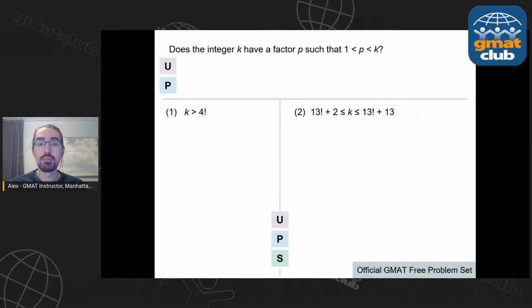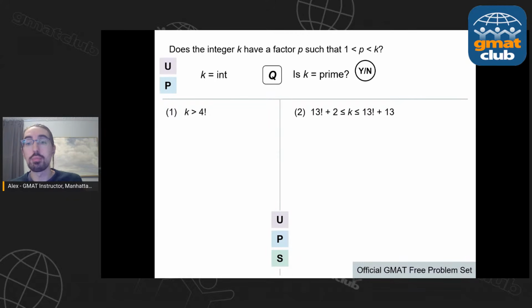Now then, when we actually get down to solving this question, it does have a rephrase that Ansh very well put into the chat, asking if k is prime or not. That is the real question here. Is k prime?